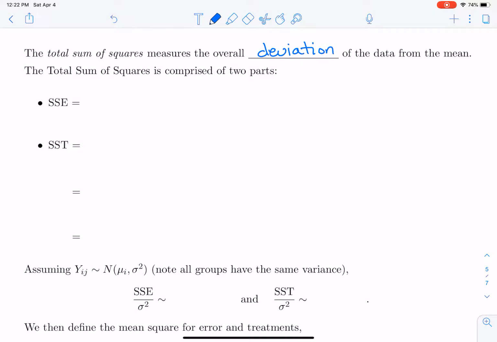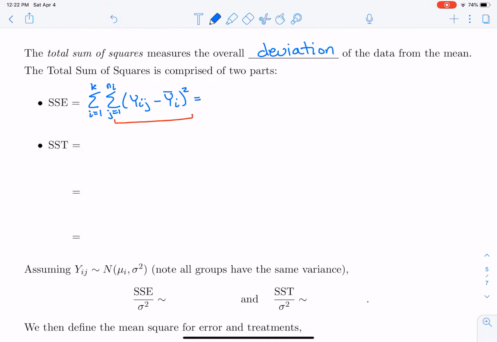Sum of squares error we can look at as the sum from i equals 1 to k, and it's the sum from j equals 1 to n sub i of (y ij minus y i bar) squared. And if you look at that very closely, you can see that what's on the inside here looks like part of our variance formula.